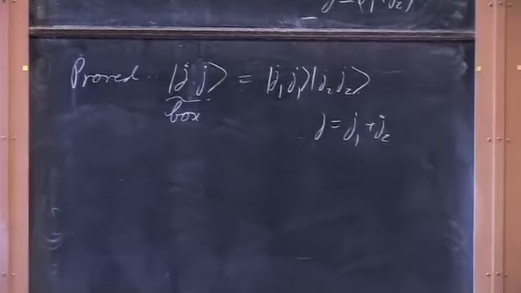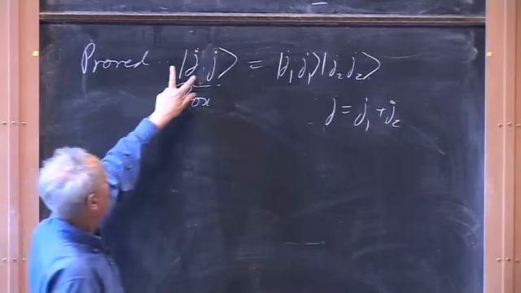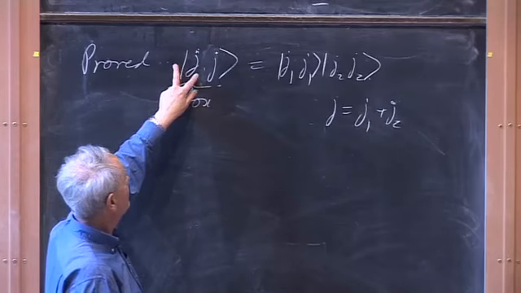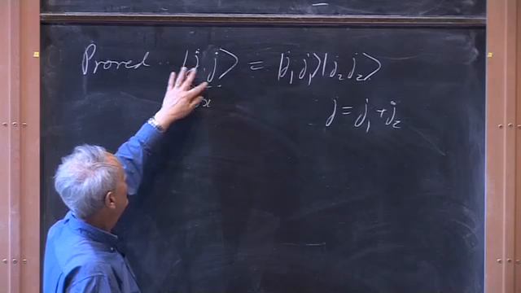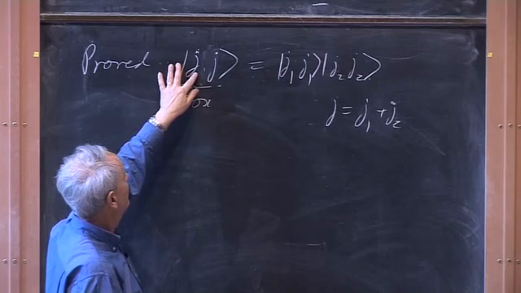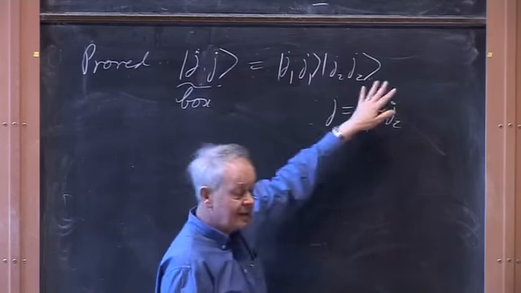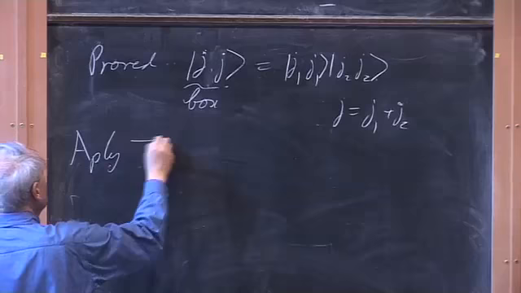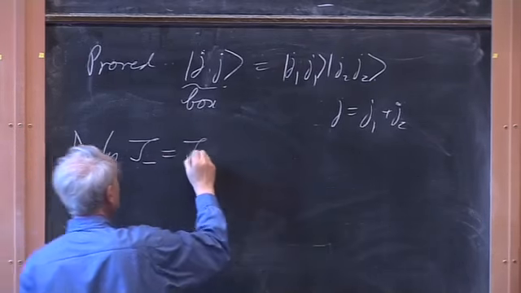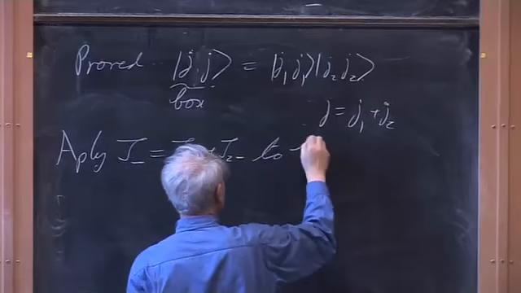The next bit's easier because we can now apply the J minus operator to both sides of this equation. And on the left side, we'll get some multiple of |j, j minus 1>. On the right side, we'll get something more interesting. So now we apply J minus, which is equal to J1 minus plus J2 minus, to both sides.